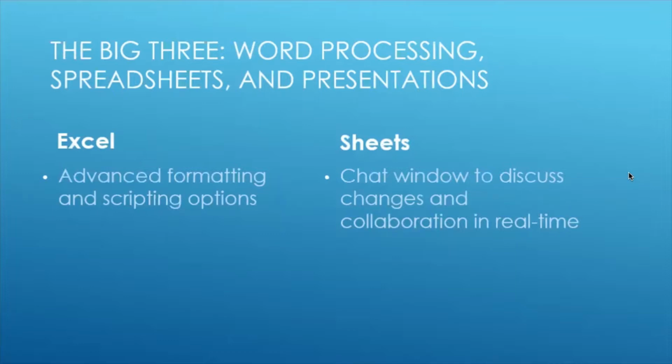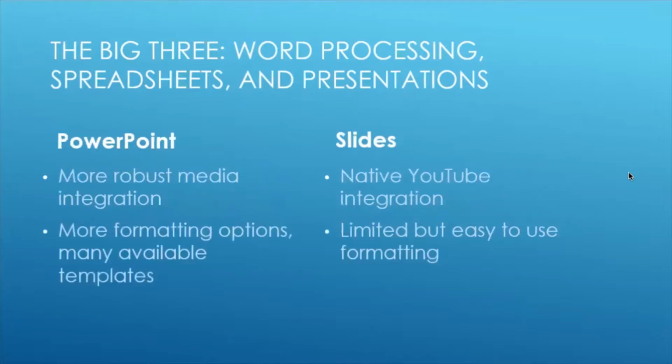So Sheets is definitely for simple data collaboration, whereas Excel is where you're going to get all those other nice integrated features and options. Going on to the third one is going to be PowerPoint versus Slides.